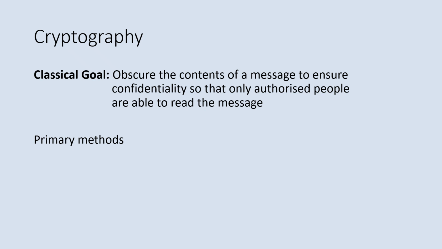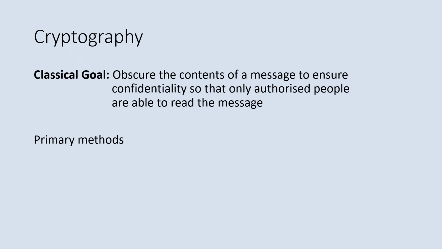So the primary methods of obscuring the contents of a message. Now, in our case, we're talking about written messages. We're going to write these messages in English, and we're going to then obscure these messages a little bit. We're not doing modern cryptographic techniques that are secure by any means.